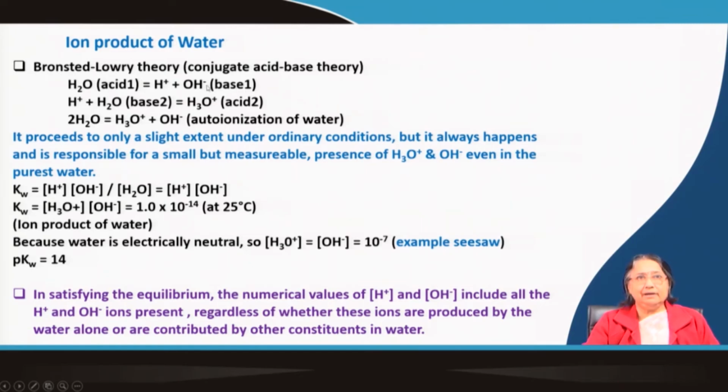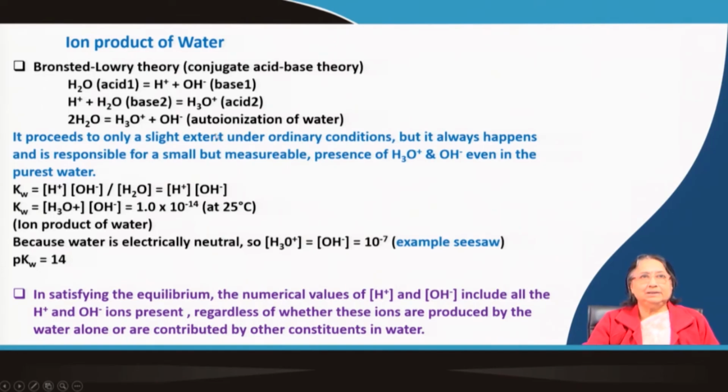Acid 1 and base 1 form a pair, and water can act as a base also because of its amphoteric character. So, it can act as a base when it takes up a proton to form the hydronium ion. So, this is the conjugate acid base pair.